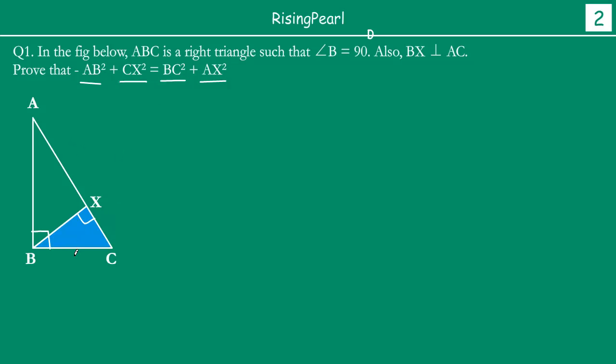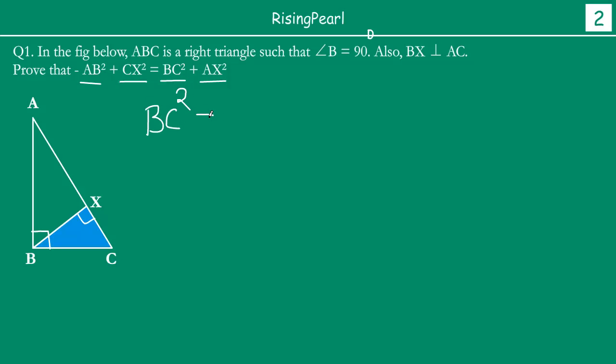So if I look at BC squared and CX squared, they are the terms which are in this right angle triangle, which is highlighted in blue, right? So we are going to apply Pythagoras theorem on this triangle BCX. BCX is a right angle triangle because this angle is 90 degrees, it is given. So applying the Pythagoras theorem, what do we get?